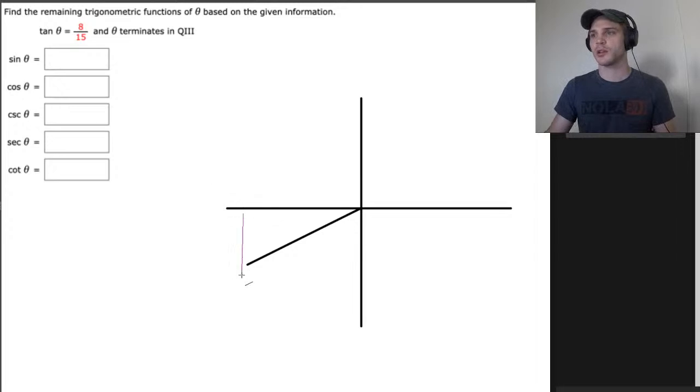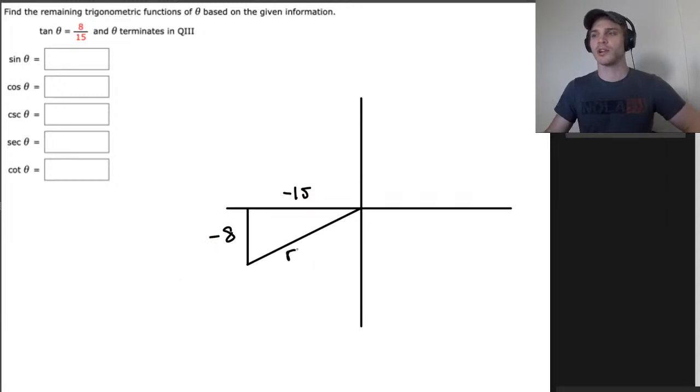And then let's make another triangle. Okay, so tangent of theta is y over x. And actually both of these coordinates are negative because it's in the third quadrant.